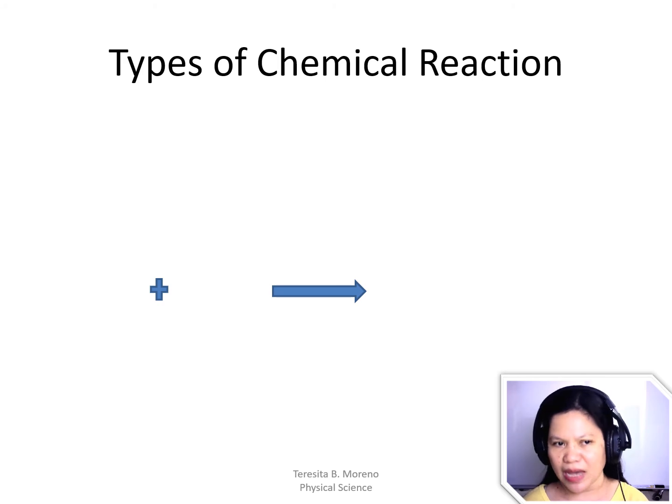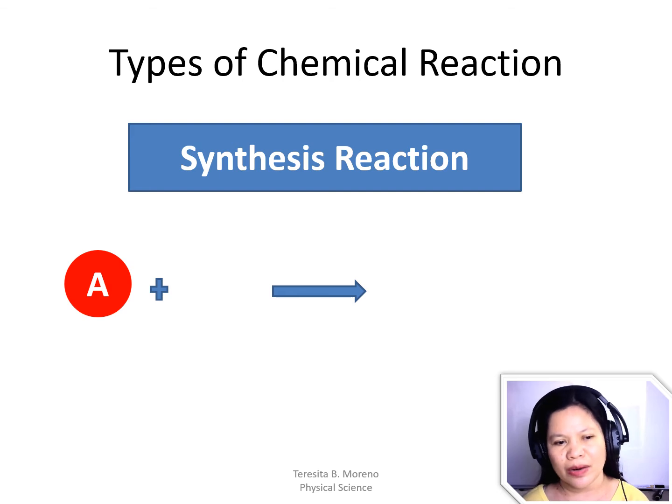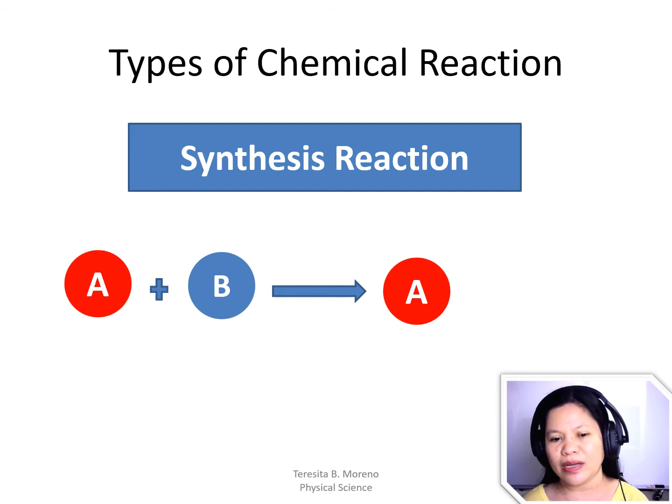Now, what are the different types of chemical reaction? One type of chemical reaction is the synthesis reaction. What do we mean by synthesis reaction? It is a reaction when A plus B yield into AB.